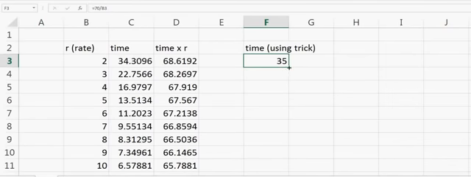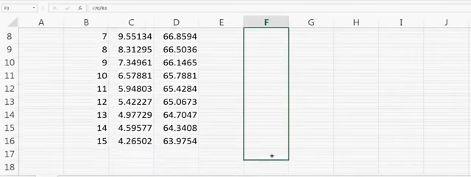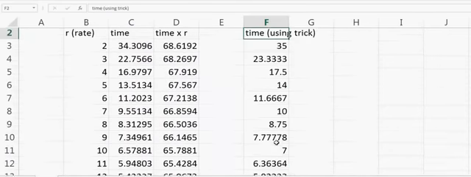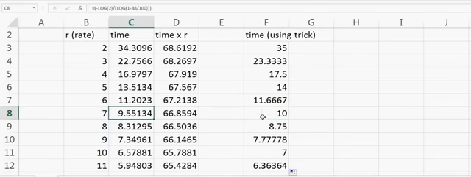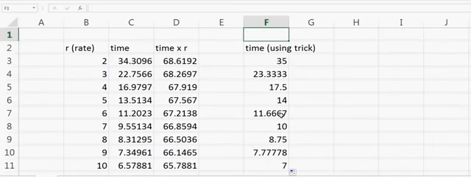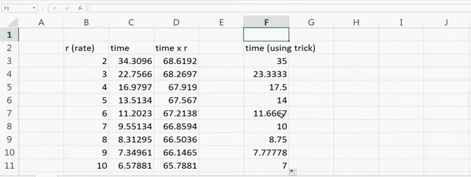We can keep doing this for all the rates, and we can see that the numbers are very close to each other. If we have 9.55 years here, we get approximately 10 years. So this is how the trick was made, and you can see that it does give you approximate values when you are trying to do this calculation.